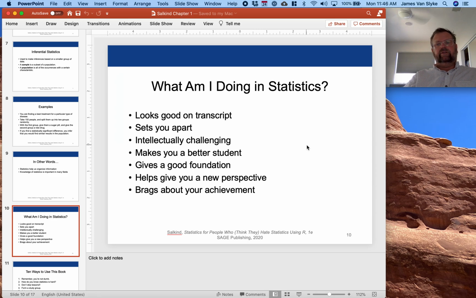It gives you a great foundation for going on to whatever field you want to go into, and helps give you a new perspective. A lot of times we make a lot of assumptions about different things, and as psychologists especially, we want to test our assumptions. Data allows us to test assumptions, and it gives us an objective measure for what's going on.